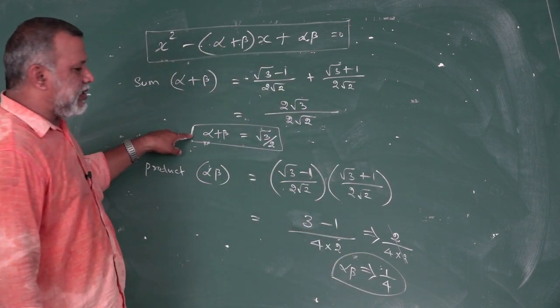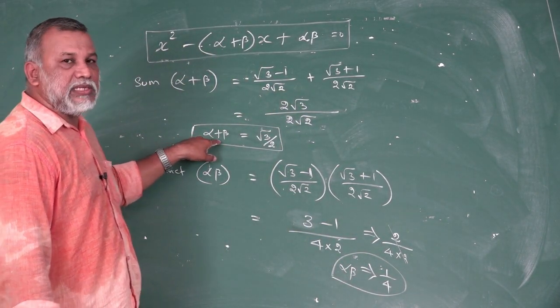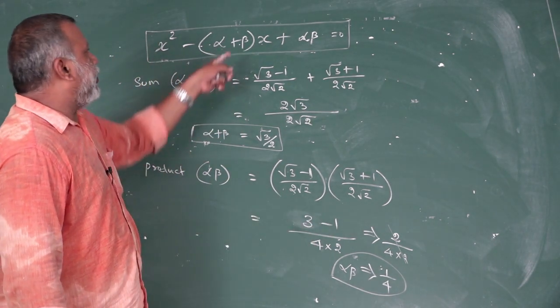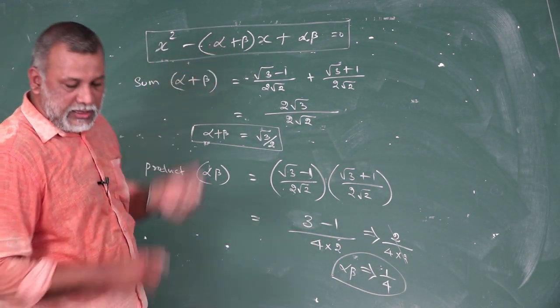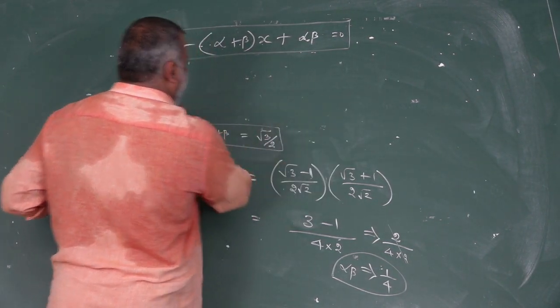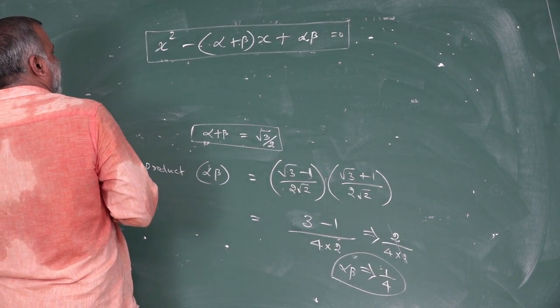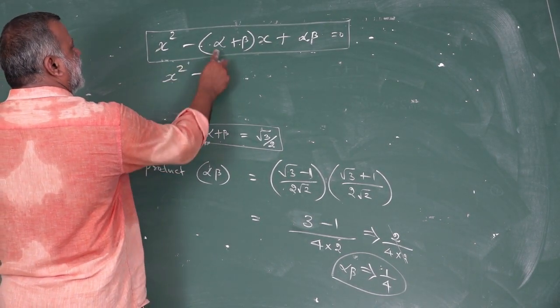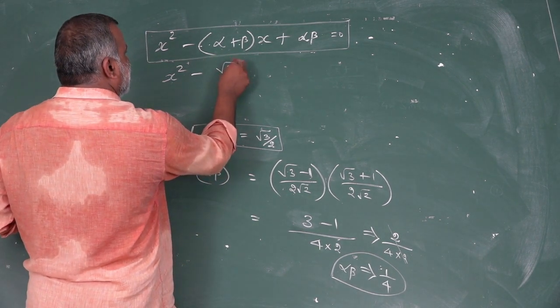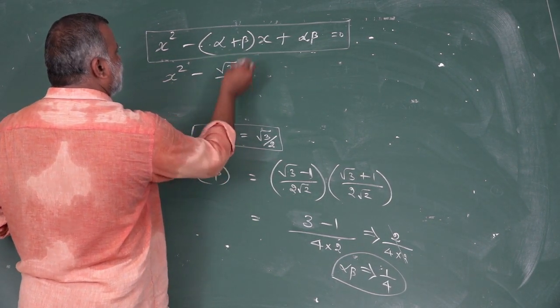So I derived the sum, alpha plus beta, and now I worked out the product, alpha beta. Let me substitute these results here in the formula. X squared minus the sum of the roots, which is already worked out: root 3 x divided by 2.